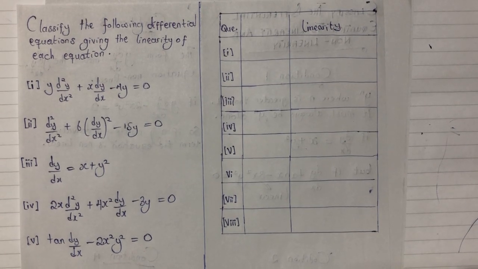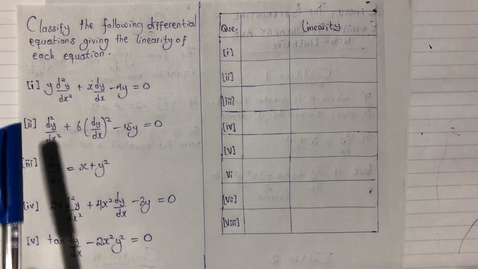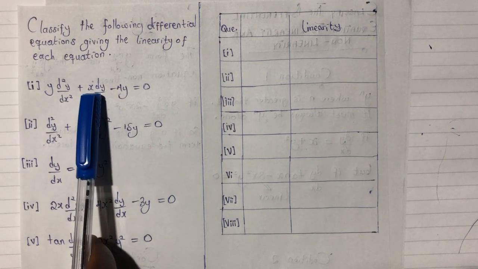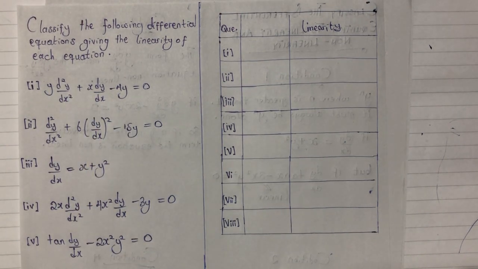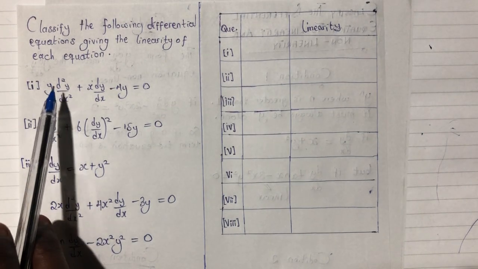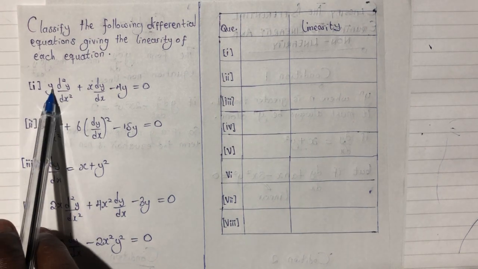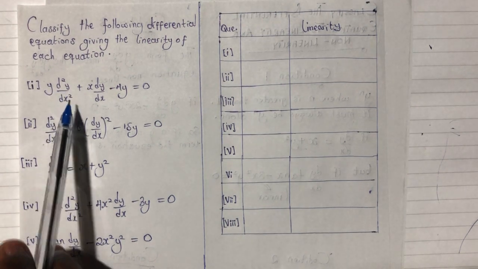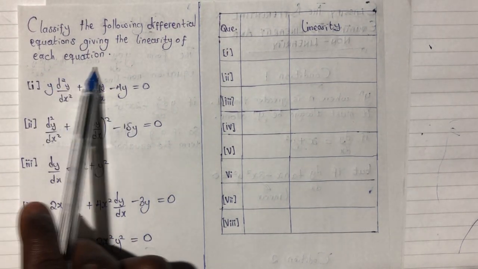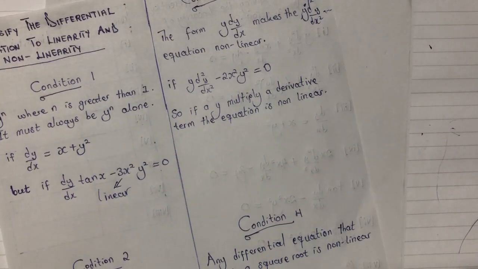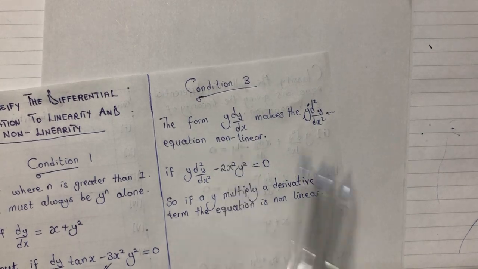So we will look at the first one. Is it a linear equation or a nonlinear differential equation? We can see that there is a condition that we spoke about here. Y is multiplying a derivative term, and so this equation is nonlinear. And this condition is condition number 3.